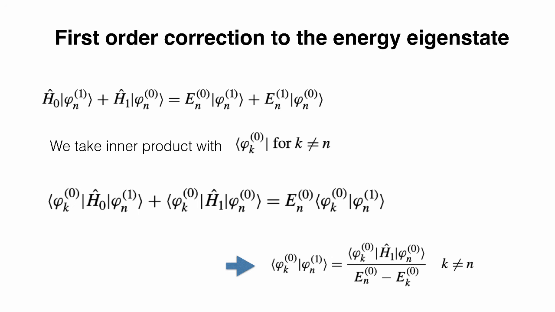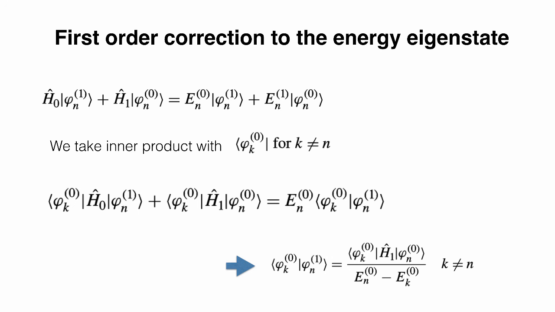Remember, these were eigenstates of H0, and what we end up with is that the projection of phi n1 on phi k0 is given by this equation on the right hand side of the blue arrow.